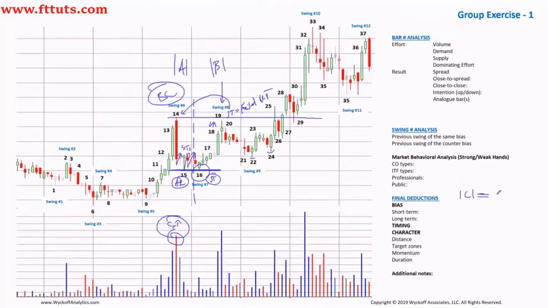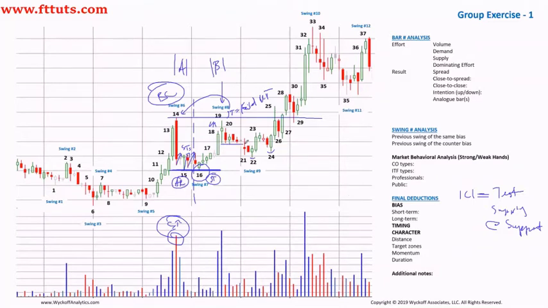What's the intention behind phase C? Testing the supply of the trading range, at the level of the support. And where do you think is the first bar where such a test takes place? Probably bar 21. Yeah, most likely.